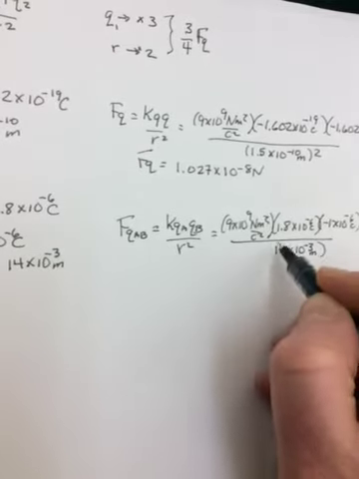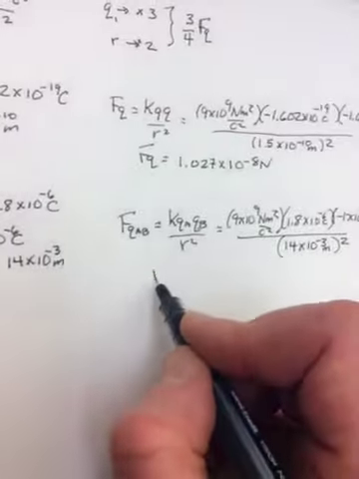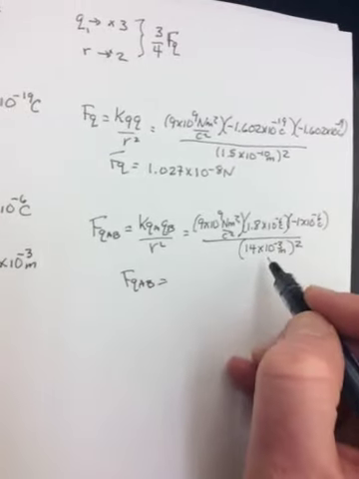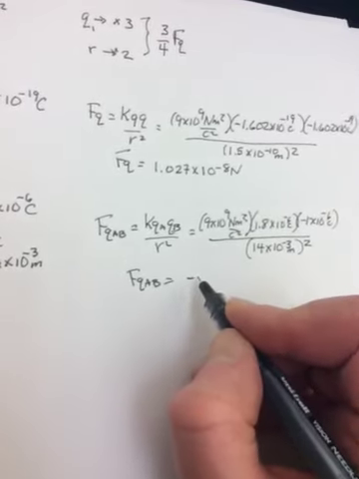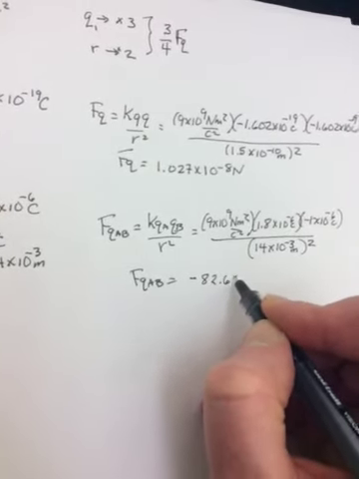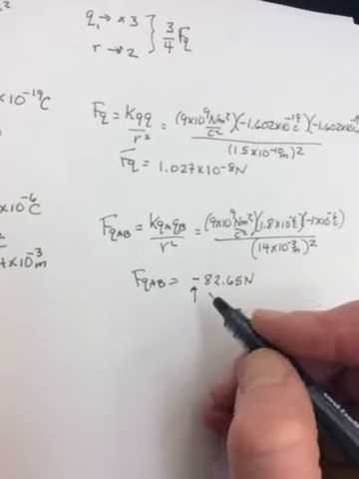I know that's not in right scientific notation, but I can just do the math and then put it in right scientific notation afterwards. So multiply these together. Don't forget to square your R, and when you do, you should get negative 82.65 newtons.